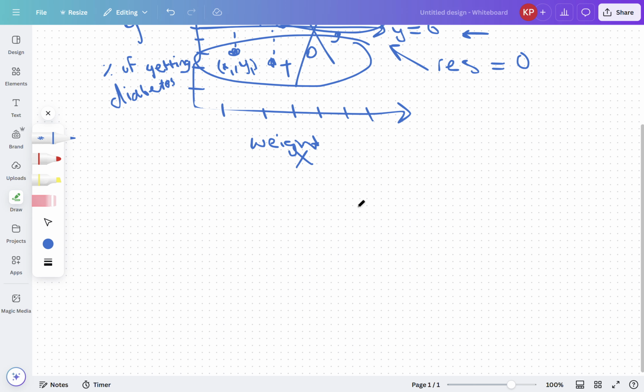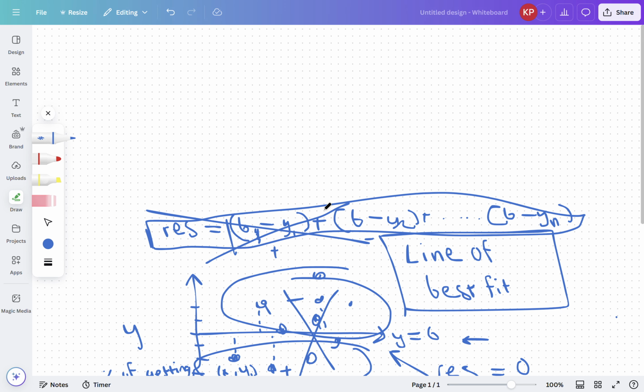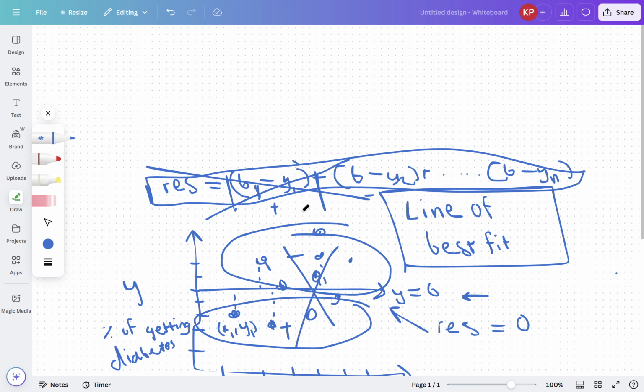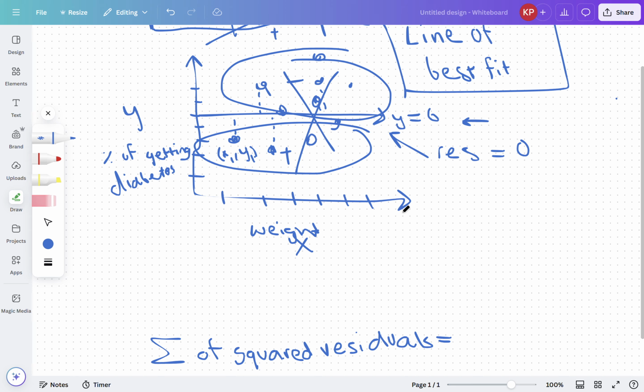So what mathematicians have done over time was create the sum of squared residuals. Originally they tried finding the absolute value of the residuals, but apparently they found it was just too much work and it messed up the equation a lot.